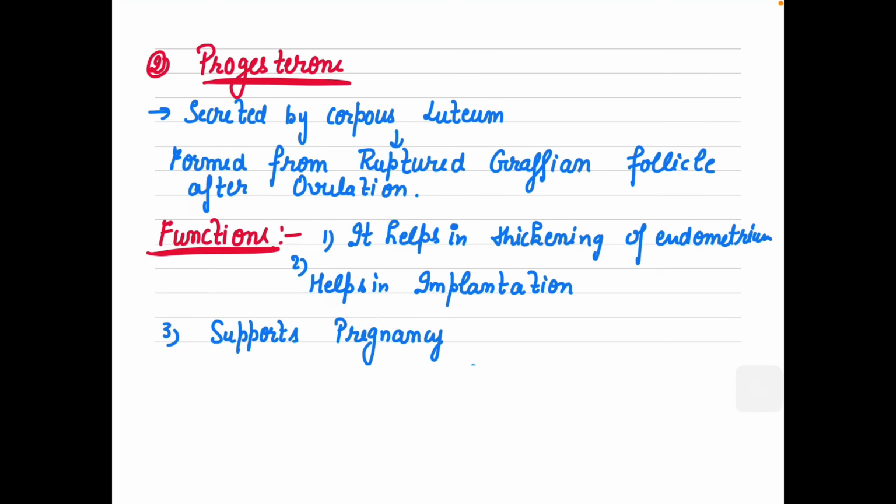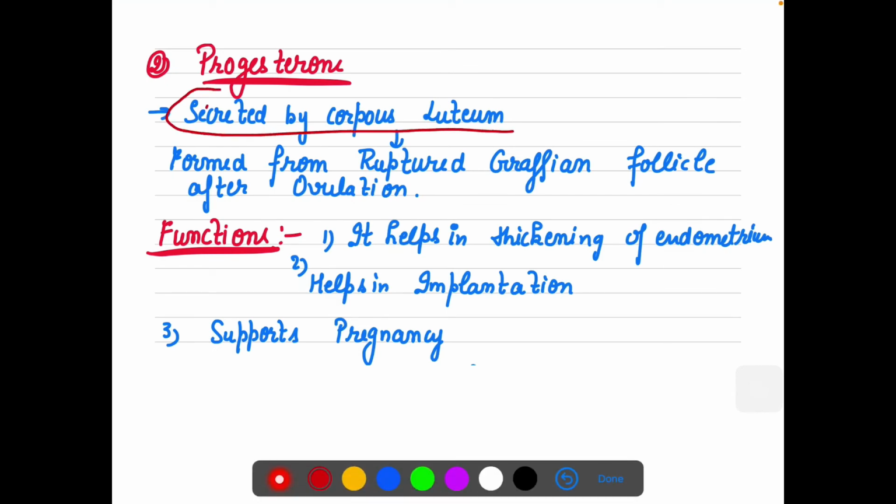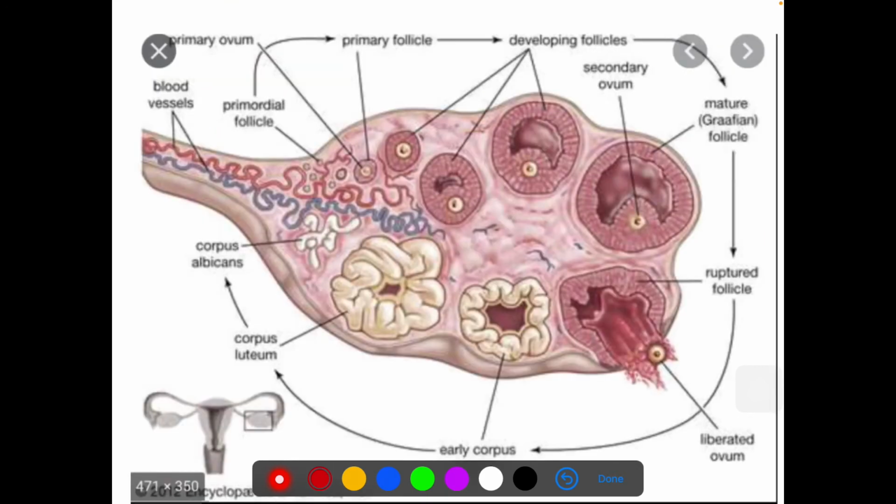So progesterone is secreted by corpus luteum, and what is corpus luteum now? See, I told you that when follicles start forming because of FSH, first the primary follicle, then the secondary follicle, and these follicles surround the ovum, or we call it the secondary oocyte.